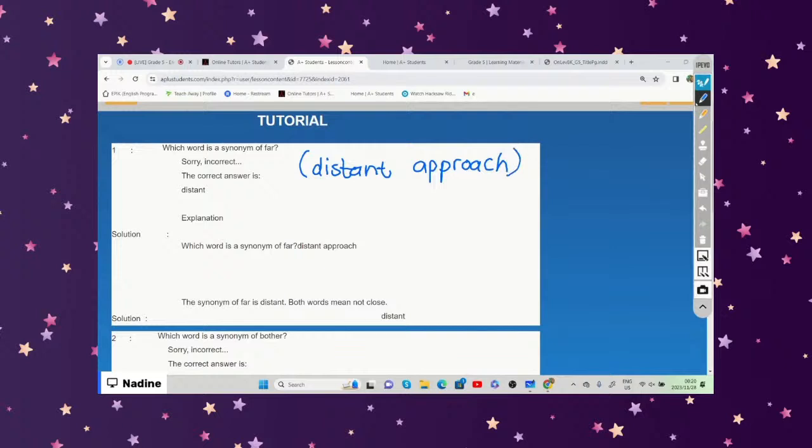The synonym of far, the same as far. Is it distant or is it approach? Synonym of far.